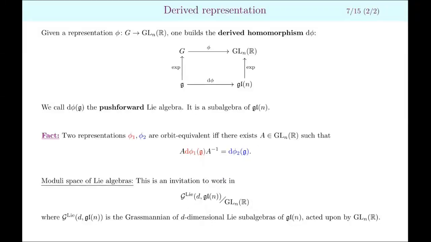All right. So really, the space we like to work in is this quotient: the Lie subalgebras of GLm up to the action of the general linear group by conjugation.